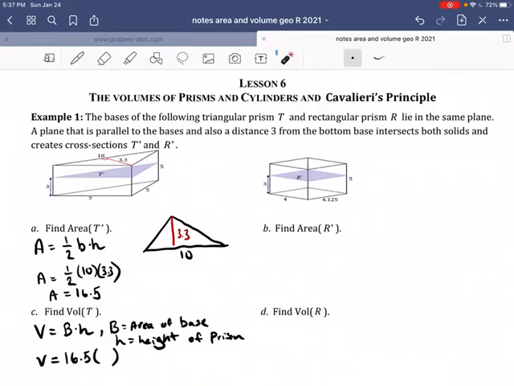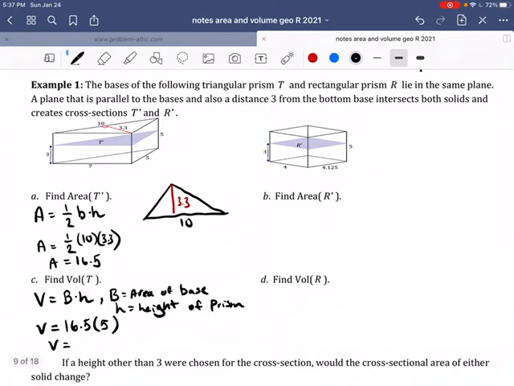The height, in other words, the vertical height of the whole prism, is 5, because this here is the base, and so this is like the depth of the triangle, which is just 5. If you notice, they gave us a lot of other different measurements here, but a lot of those measurements were actually useless. We didn't need them for our problem. And so when I do this, my volume here is going to be 82.5 cubic units. They didn't give us any units, so we'll just leave it at 82.5.